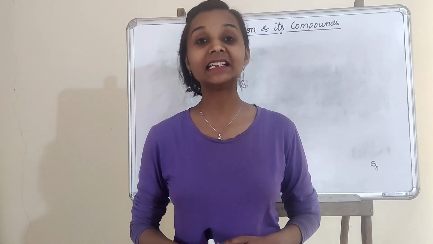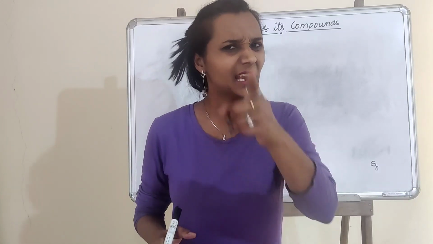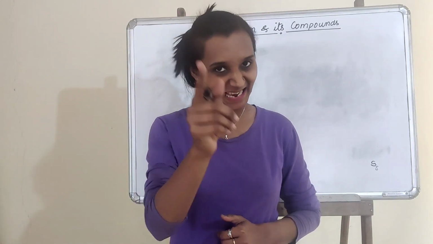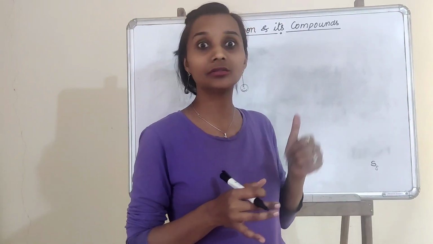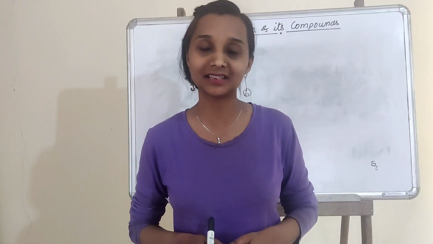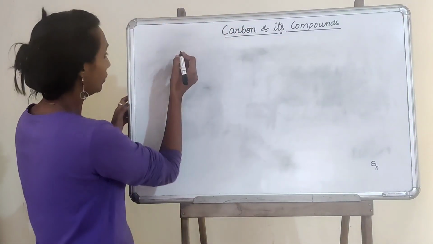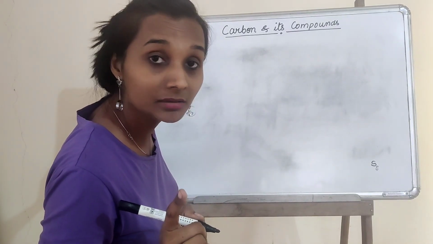So, viewers, let us take the next example, that is methane. Can you guess the molecular formula of methane? Yes, it's CH4. So, we are going to draw now the Lewis dot structure of the CH4 methane molecule. Now, see here. Can you tell me the atomic number of carbon?